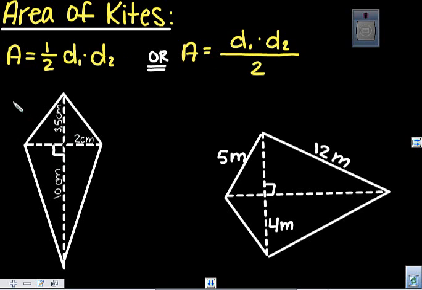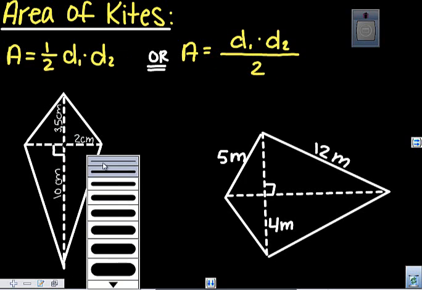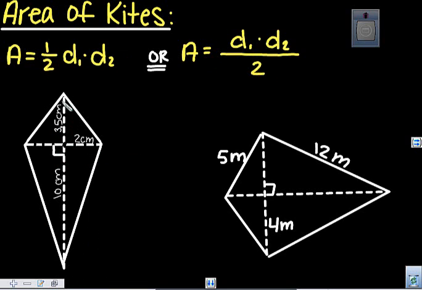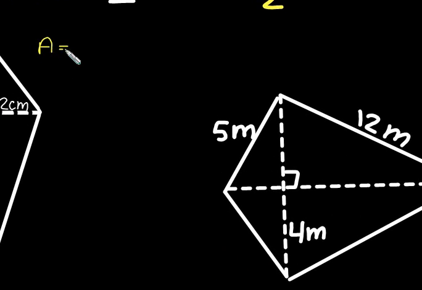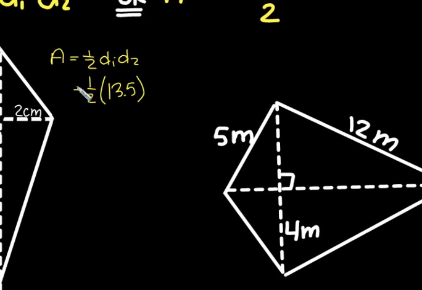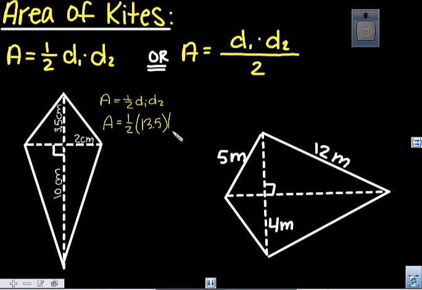Okay, so in this first example, we're going to take the longest diagonal here. We know that this is 3.5 and 10. So that means that's a total length of 13.5. So looking for area, we can plug that in for diagonal 1. 13.5. We need diagonal 2. Okay, we know that this is 2, but this is not labeled. So this makes you have to remember your properties of kites.